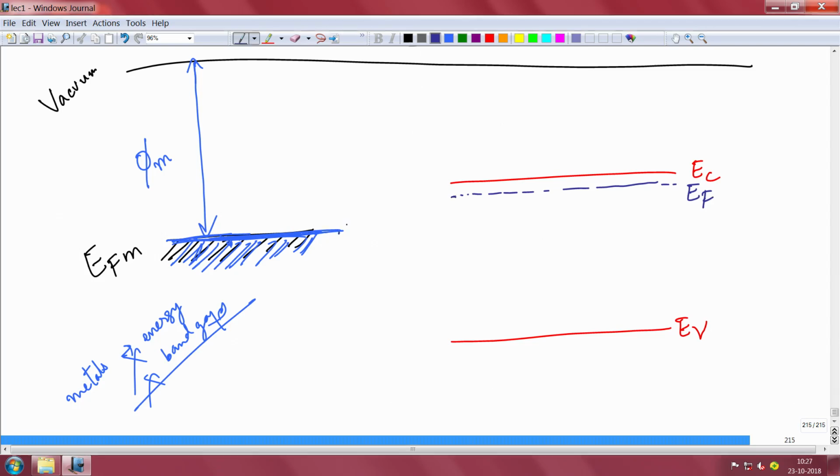Let me do some nomenclature here. The vacuum level is constant throughout, though my drawing may not be very correct. The vacuum level to the conduction band is called the electron affinity, chi. And the vacuum level to the Fermi level of the semiconductor is called the work function of the semiconductor, phi s.